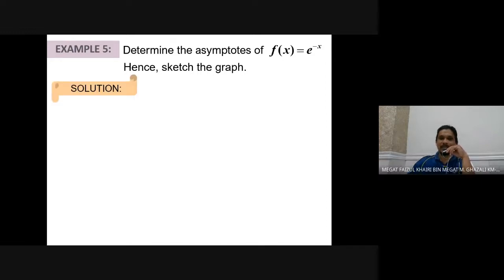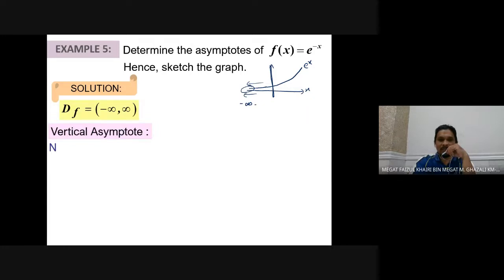Okay, so class, for this one, as we know, this is the graph of e to the power of x. There's only one asymptote, when x approaches negative infinity and the graph approaches 0, the x-axis.